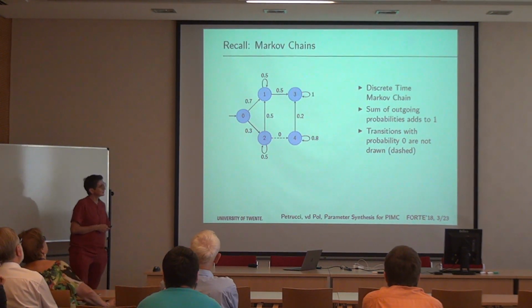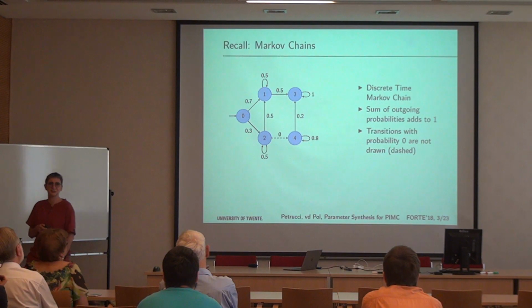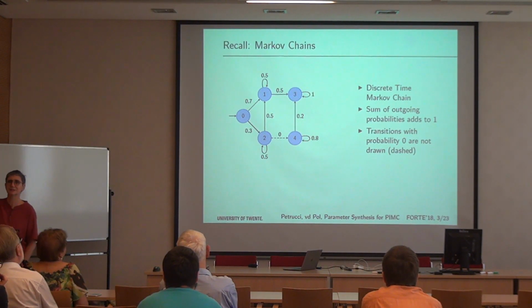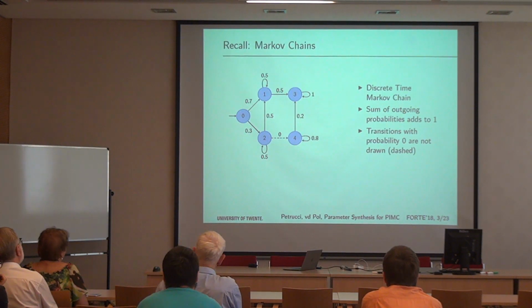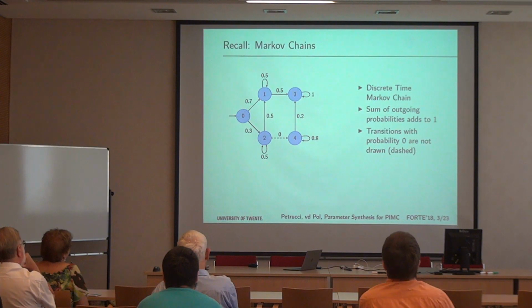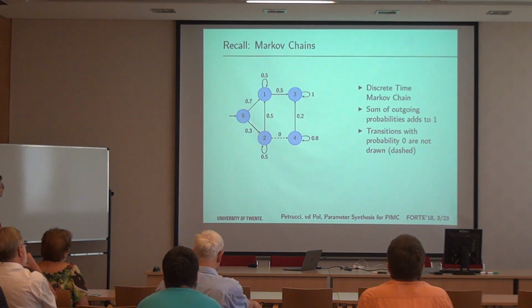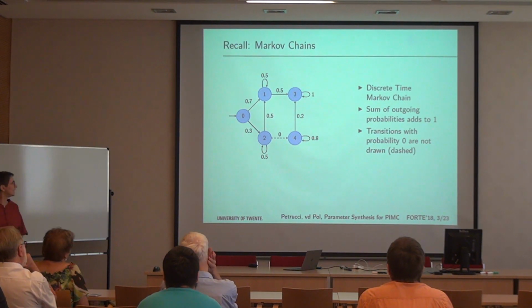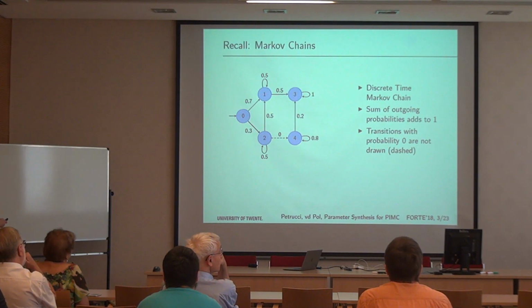Let us first recall what a Markov chain is and how it works. Basically it looks like an automaton where you have some locations or states, and you can go from one location to another with some probability. The sum of outgoing probabilities for each node should be 1.